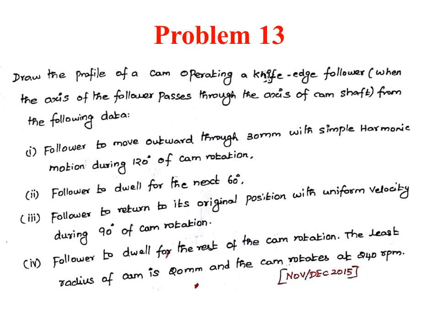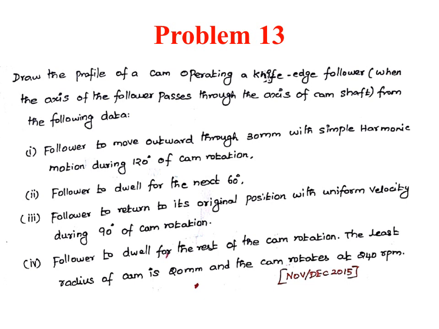Follower to dwell for the next 60 degrees. Follower to return to its original position with uniform velocity during 90 degrees of cam rotation. Follower to dwell for the rest of the cam rotation. The least radius of cam is 20 mm and the cam rotates at 240 rpm. So this is what has been given.